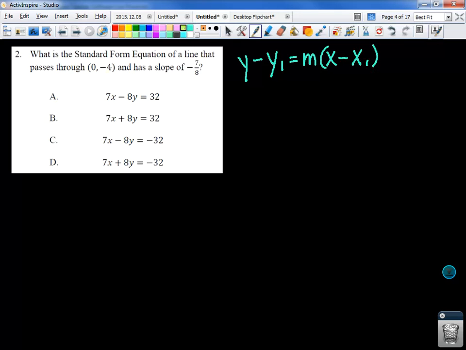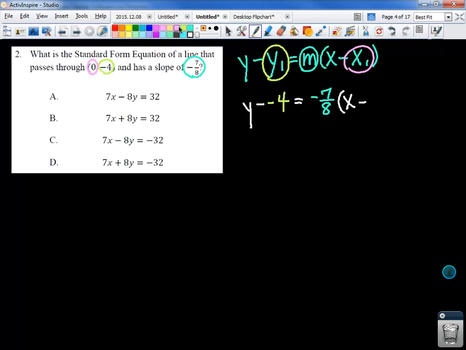So this is going to be my y1, and this is going to be my x1, and this is my slope. So I have y minus -4 equals -7/8 times x minus 0.